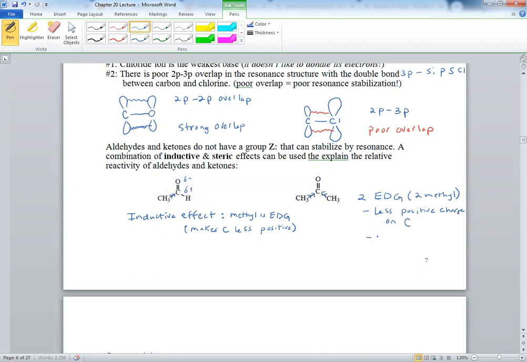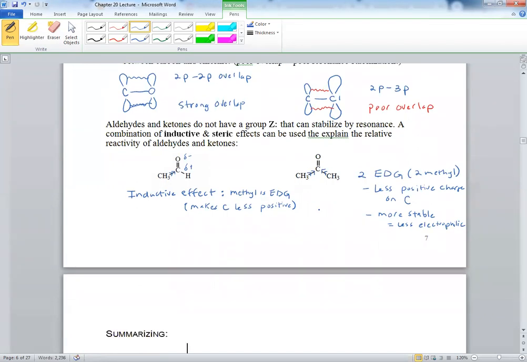So therefore it would be more stable, which is less electrophilic. So it's not as electrophilic as the aldehyde, which again doesn't make it appealing to nucleophiles.